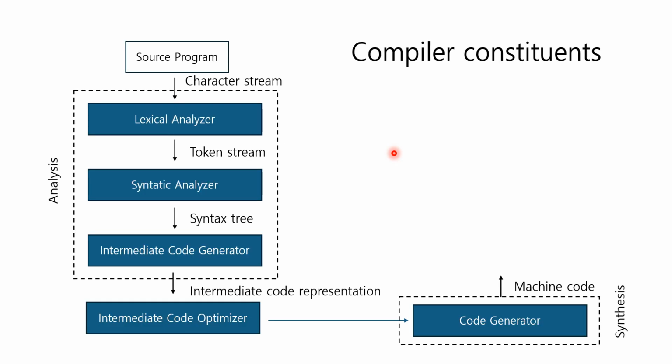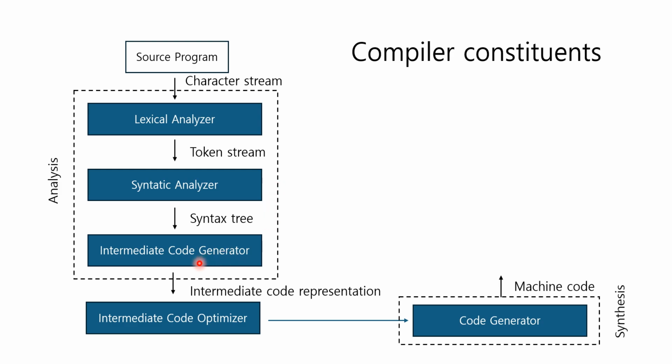This figure illustrates the components of the compiler, and the analysis part can be further divided into three phases, which are the lexical analyzer, syntactic analyzer, and the intermediate code generator. The lexical analyzer receives the character stream from the source program to generate the token stream, and the syntactic analyzer constructs the syntax tree from the token stream.